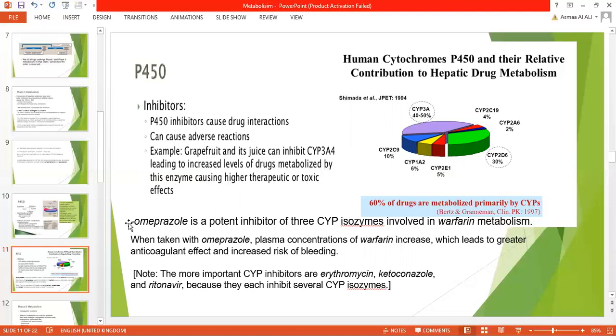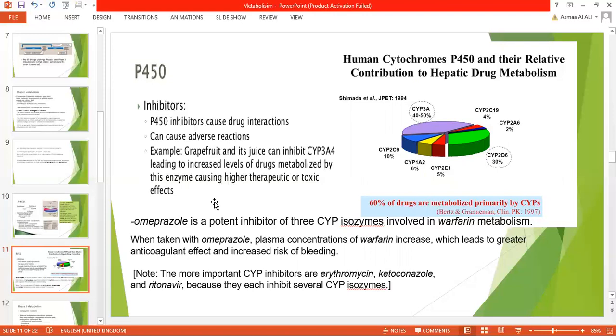Also, omeprazole is a potent inhibitor of the 3 cytochrome isoenzymes involved in warfarin metabolism. When taken with omeprazole, plasma concentration of warfarin increases, which leads to greater anticoagulant effect and increased risk of bleeding.